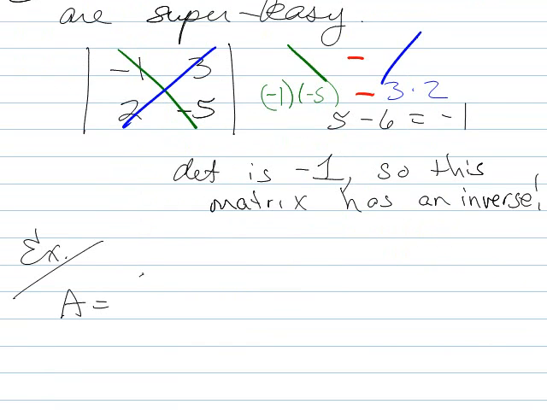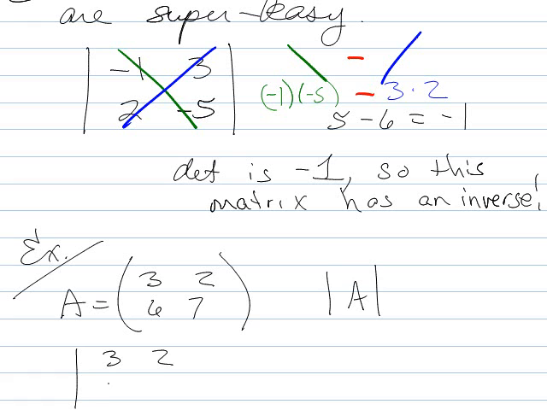Say I've got this one, and I want to find the determinant of A. So I say 3, 2, 6, 7. Well, that's going to be this. 3 times 7 minus that, 6 times 2.